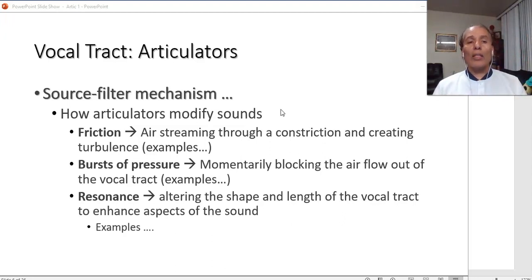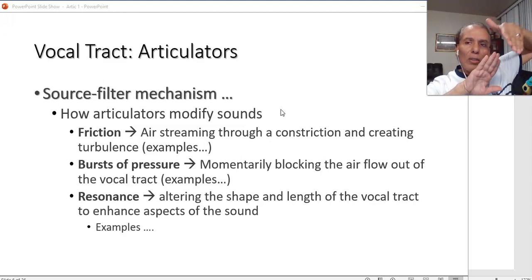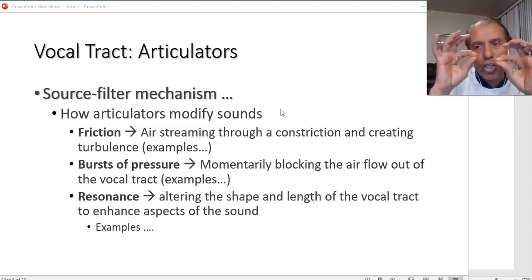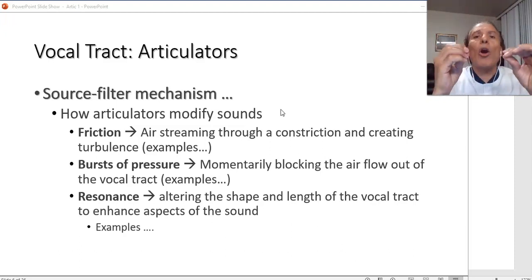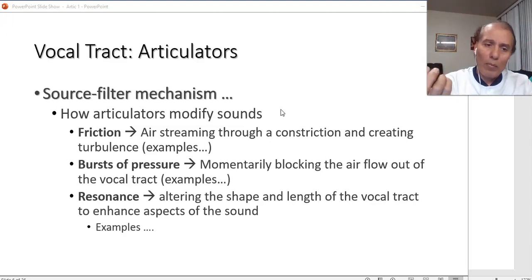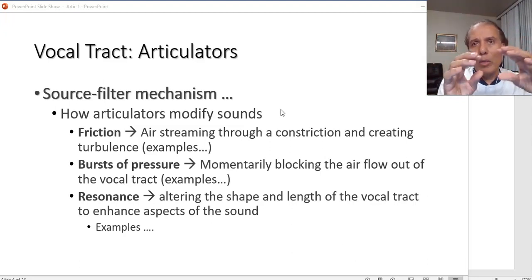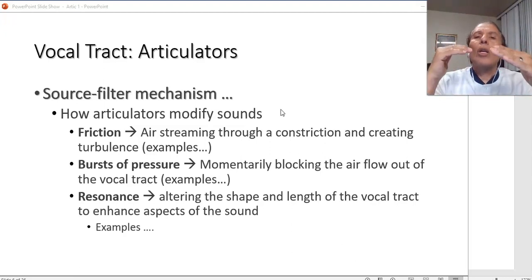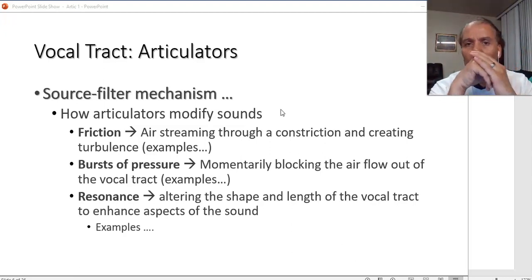So in that source and filter mechanism, in addition to modifying the sound, there are the articulators. When two articulators come together, you make a constriction. That constriction is either partial, or a complete obstruction.